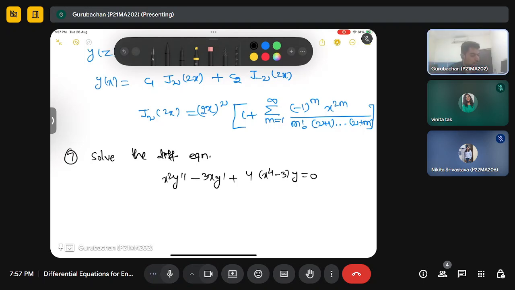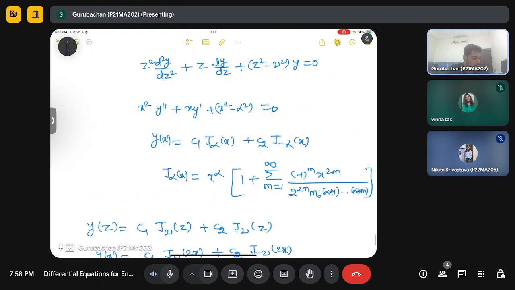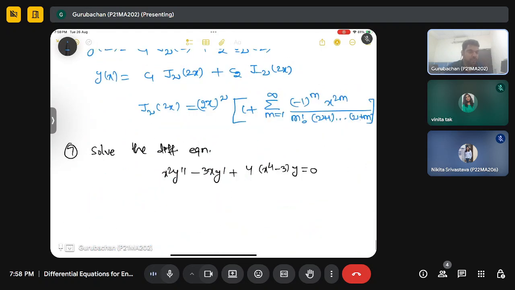So let us start to get to the general classical Bessel differential equation. For this, we will first put the independent variable z as x square.